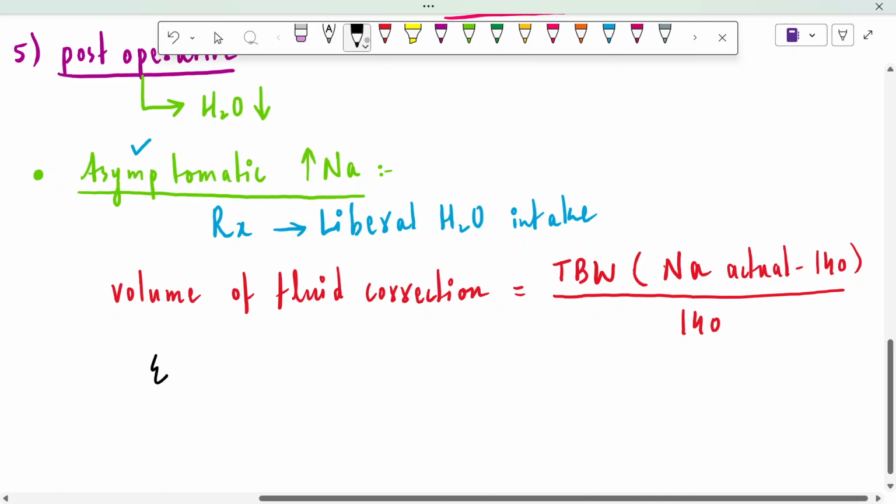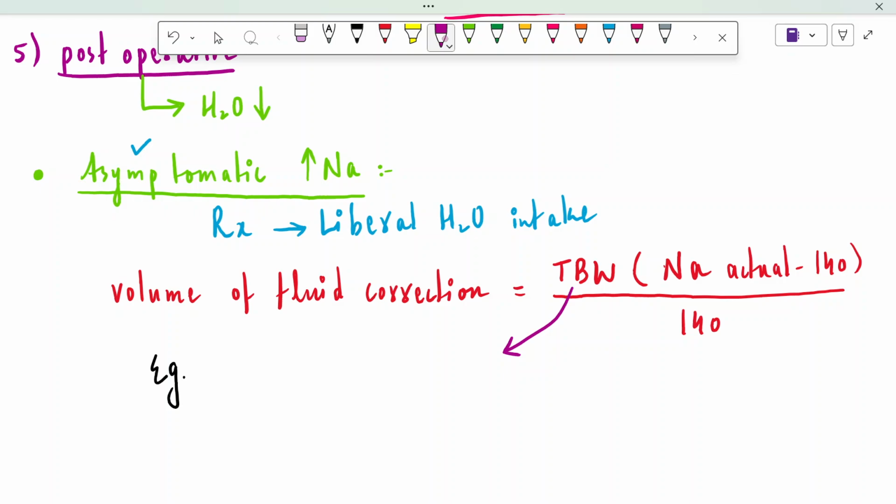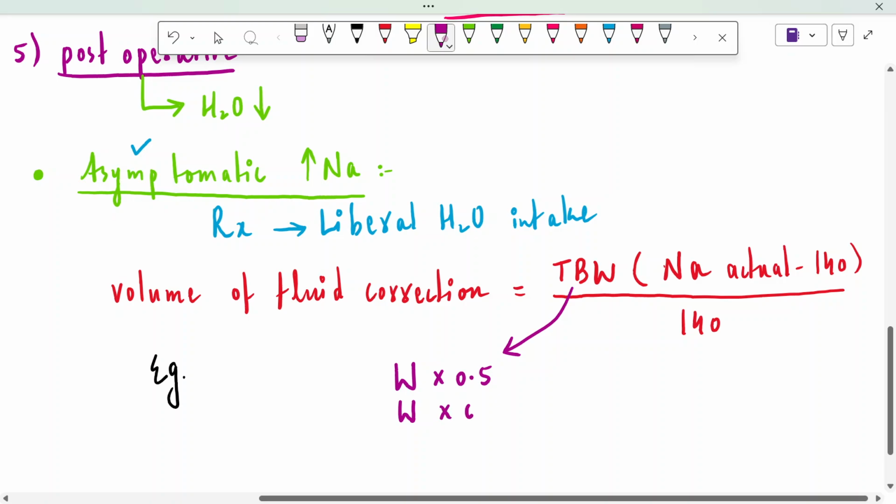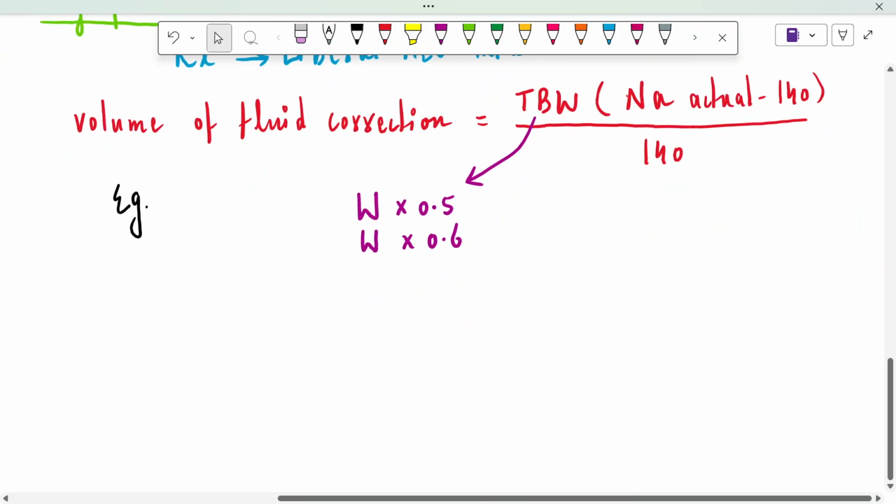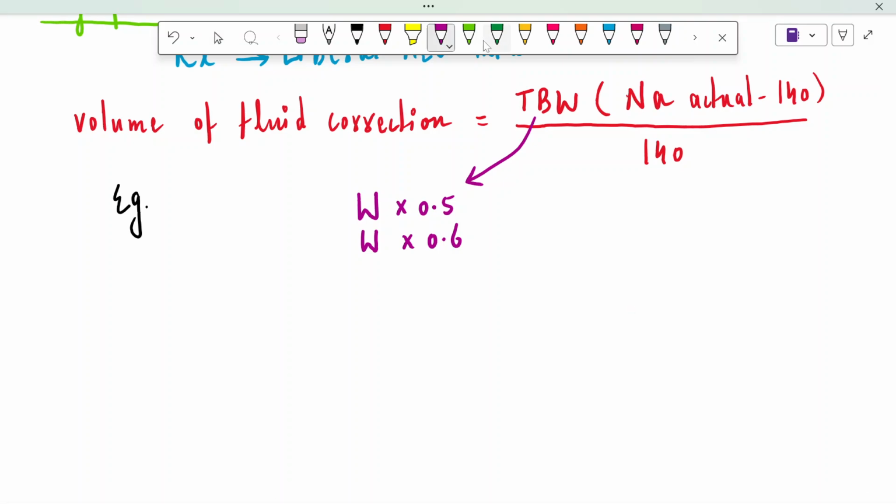Let's take an example of a female athlete, because in case of females we multiply differently for the total body water. How to calculate it? First of all, in case of females, we multiply the weight by 0.5, and in case of males we multiply the weight by 0.6. We have taken the example of a female because it's convenient; we just multiply by 0.5.